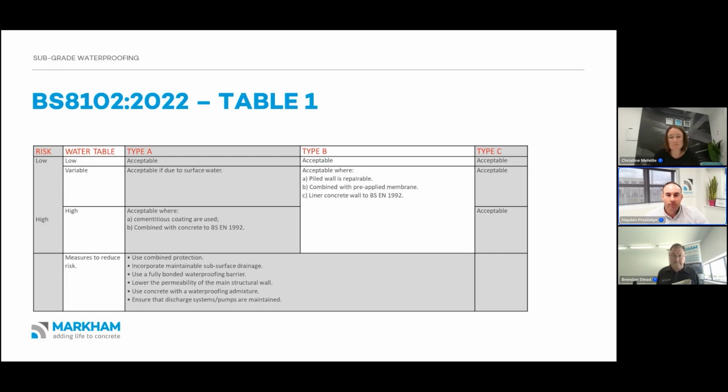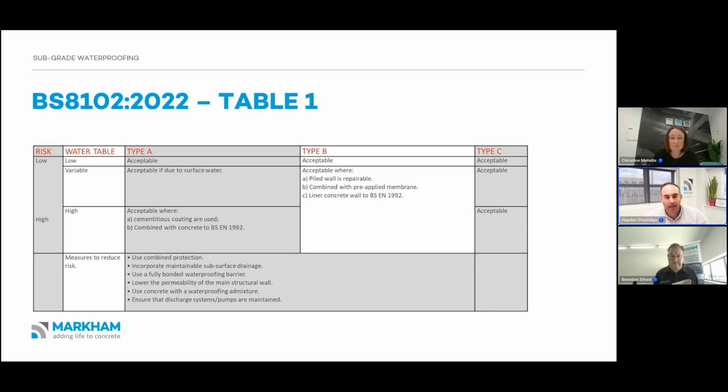When you've got variable, this is a hard one to manage. Obviously, the water table fluctuates, and we see that a lot with buildings that were okay, and then they get a building put beside them, and you get that displacement. But then also surface water, flooding events, etc., make the water table go up and down.